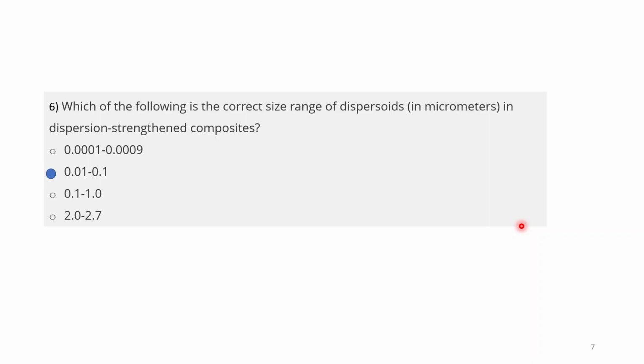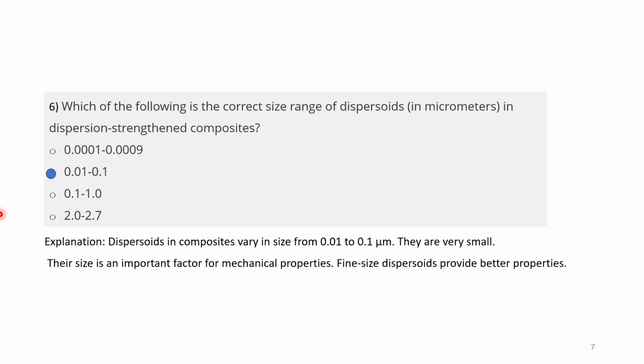The answer will be 0.01 to 0.1. This is the size range for dispersoids found in dispersion strengthened composites. They are very small. Their size is an important factor for mechanical properties. Fine size dispersoids provide better properties.